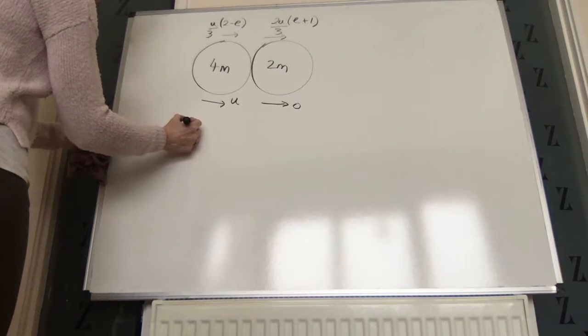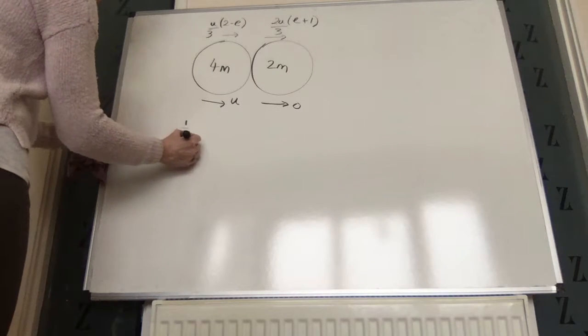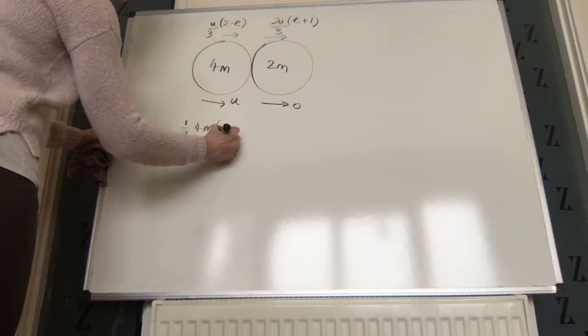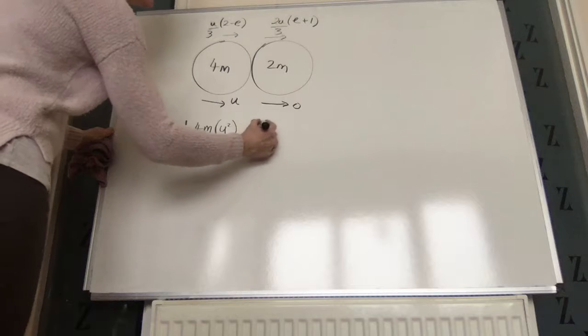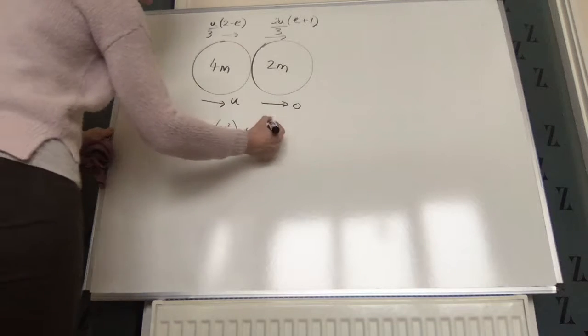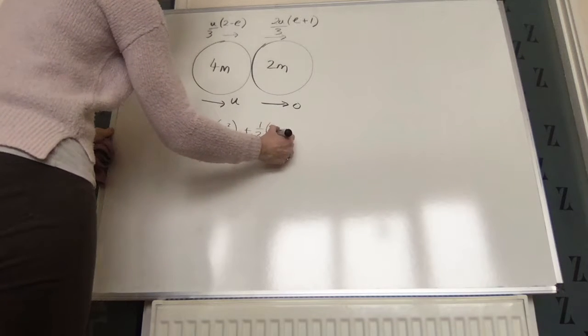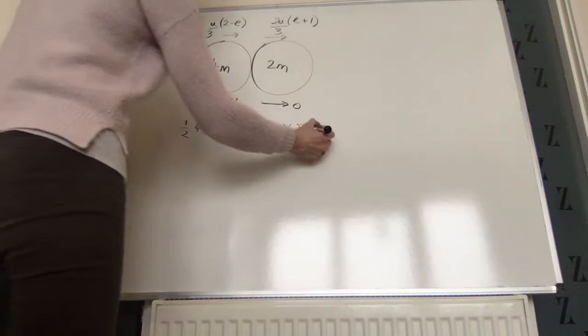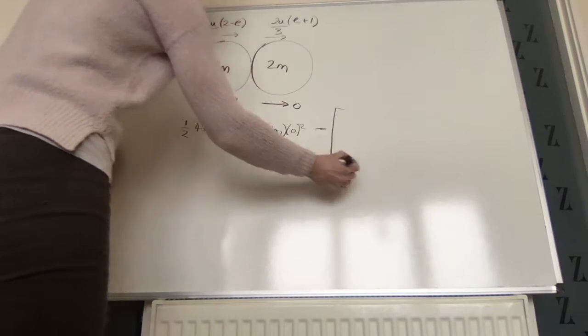The kinetic energy before is a half m u squared plus the kinetic energy of this one, which is not moving, so it is 0. Minus, and you're subtracting now, the kinetic energy afterwards.